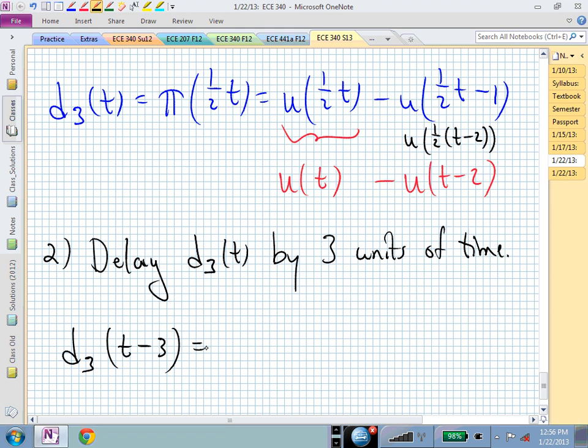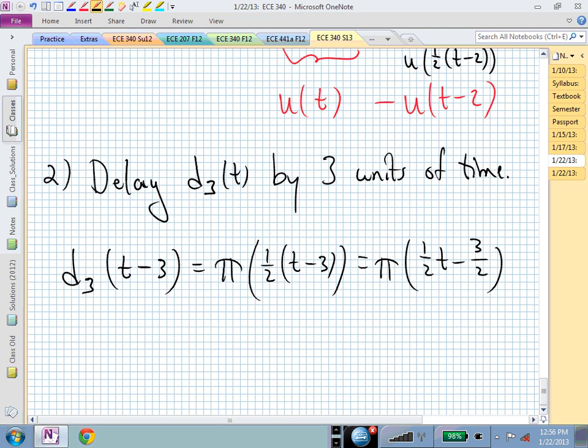And this now becomes pi of 1/2, and we're replacing t with t minus 3, and that's now pi of 1/2 t minus 3. Or this is now pi of 1/2 t minus 3/2.